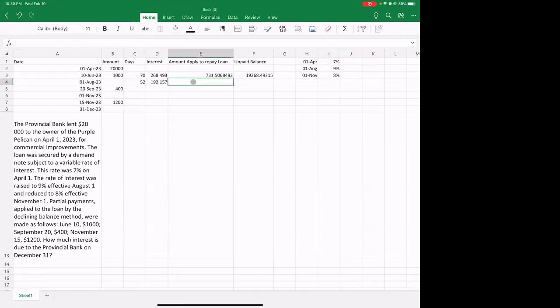And the amount applied to repay the loan. So you make the change.